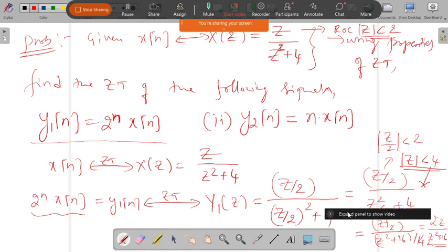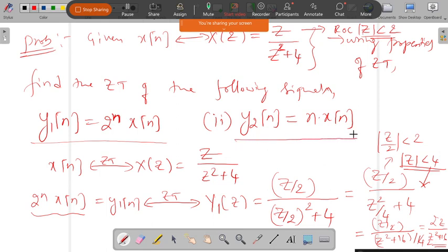Okay. So now do the second one. Which property are you going to apply? The differentiation property. Yes, you need to apply differentiation in the Z domain and then arrive at the result. Tell me the result.